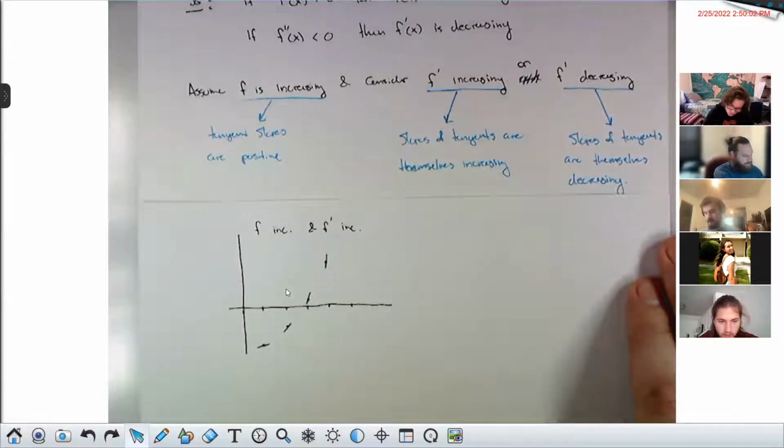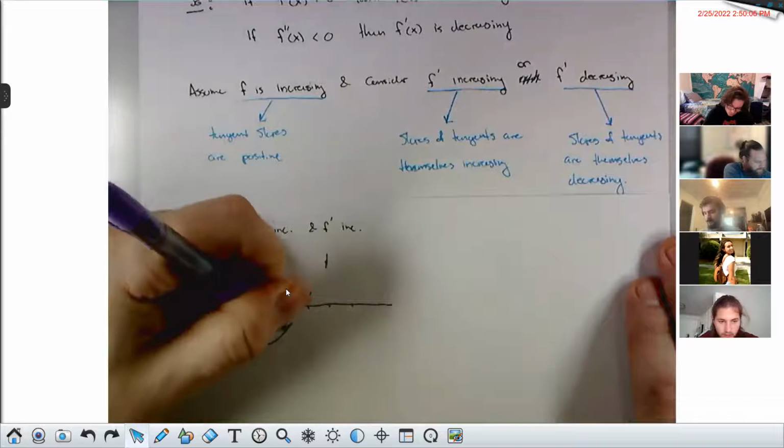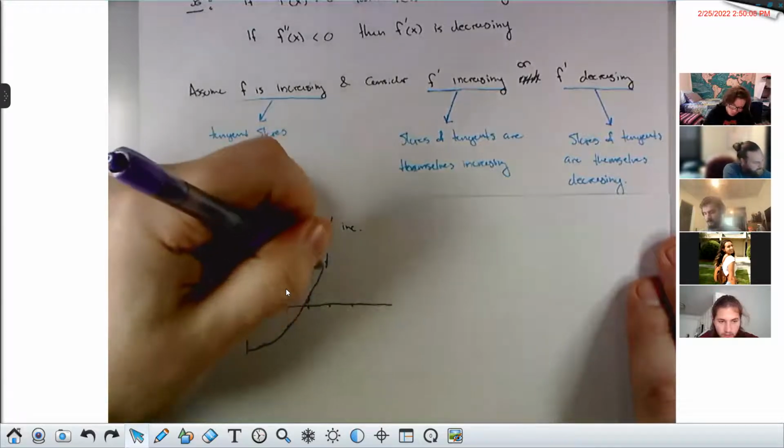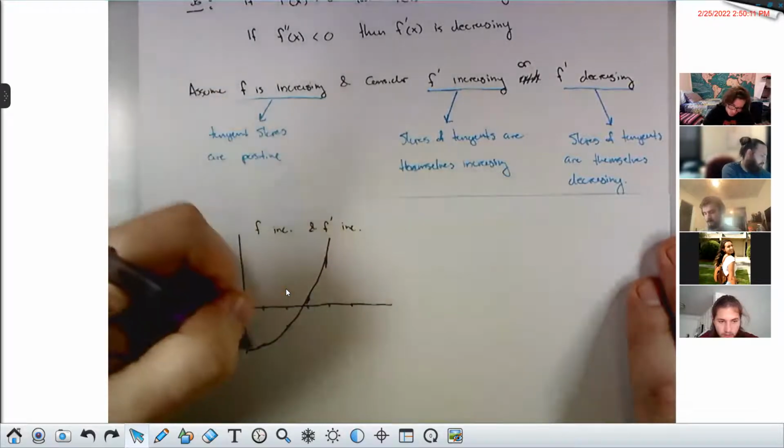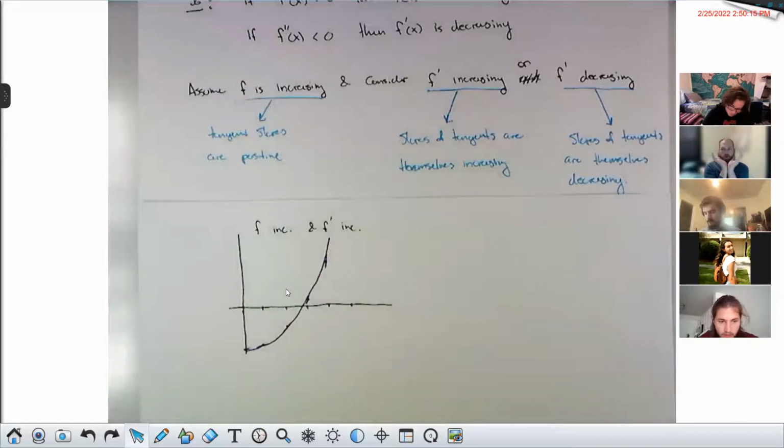This is going to yield a curve that looks something like this, which we call concave up. That's the name for this.